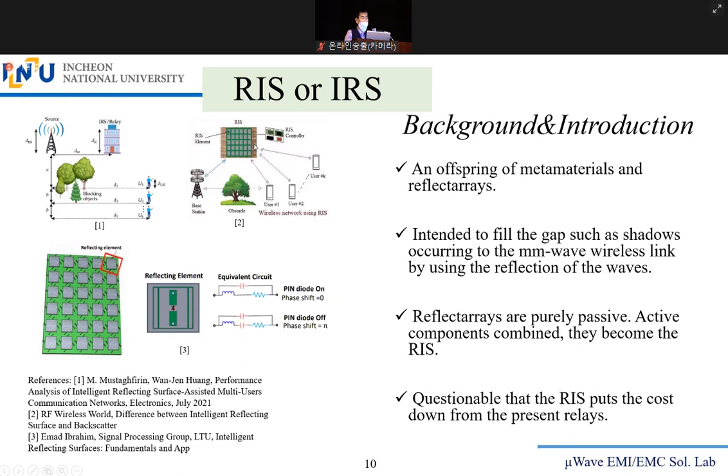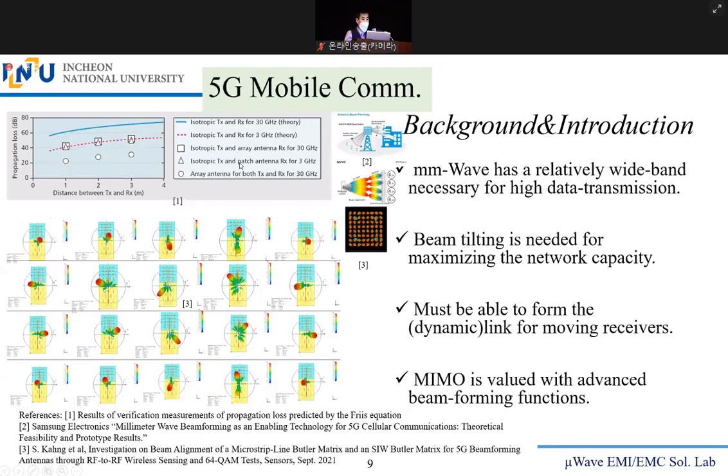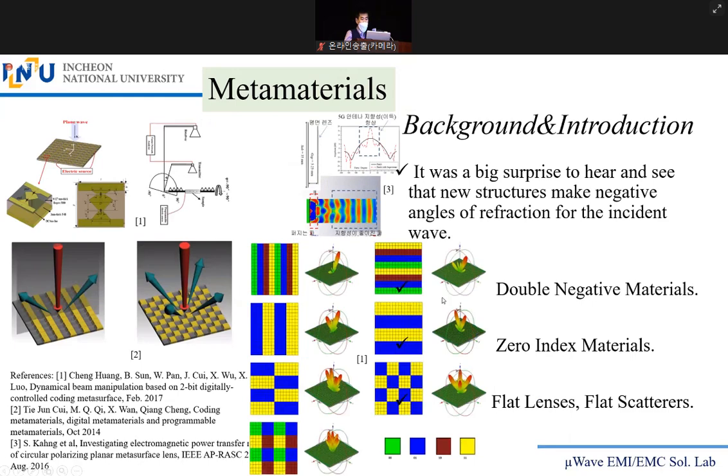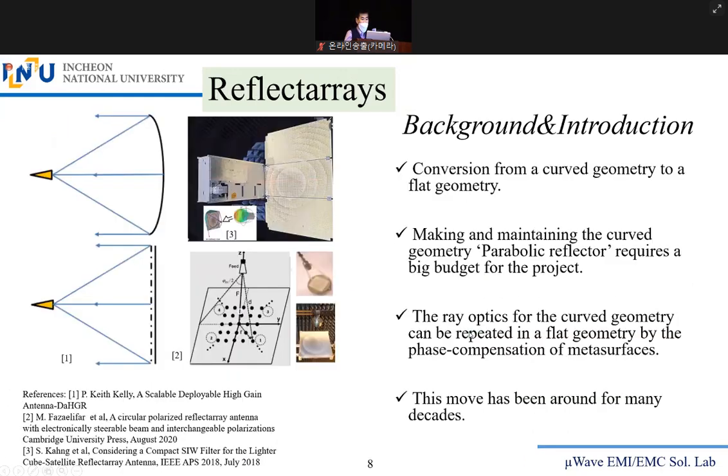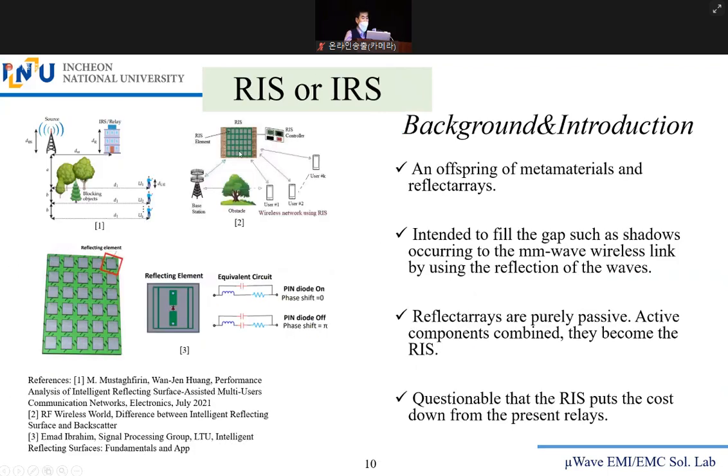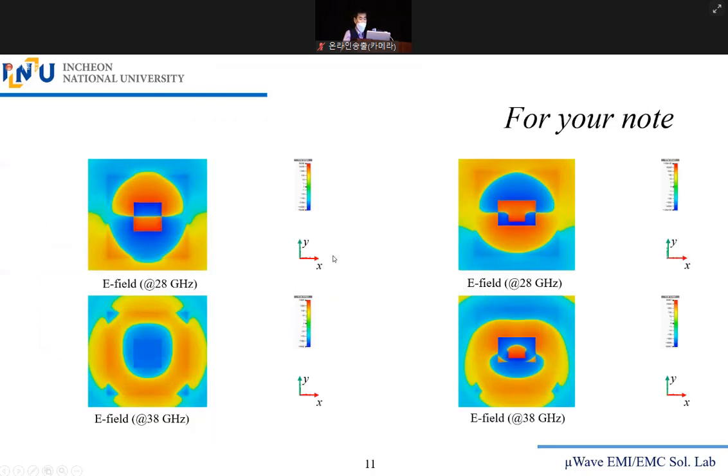This building wall has the RIS, reconfigurable intelligent surface. So as you saw, with the programmable metasurface or coded surface, you can change the direction or the number of the beams reflected from the hitting surface.